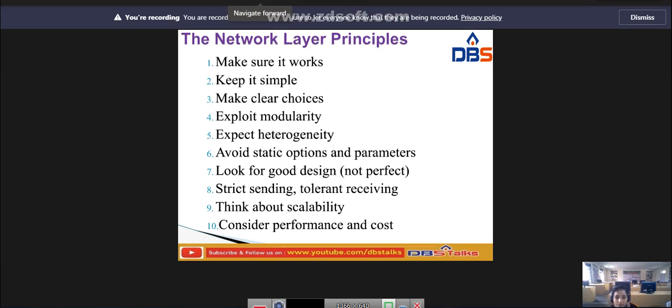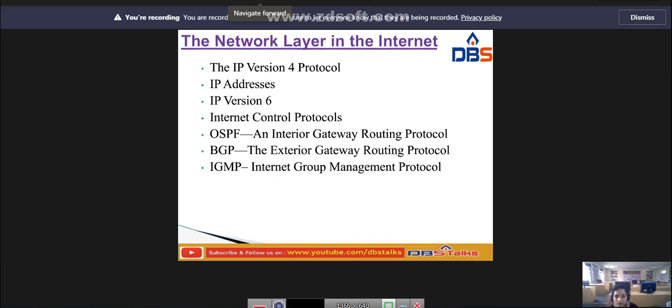So before going to explain the next collection of subnetworks in the network layer, these are the topics for the network layer in the internet: the IP version 4 protocol, IP address, IP version 6, internet control protocols, and interior gateway routing protocol OSPF, BGP the exterior gateway routing protocol, and IGMP, internet group management protocol.